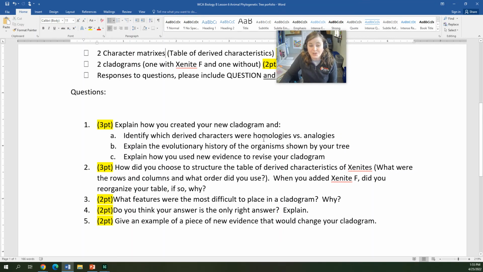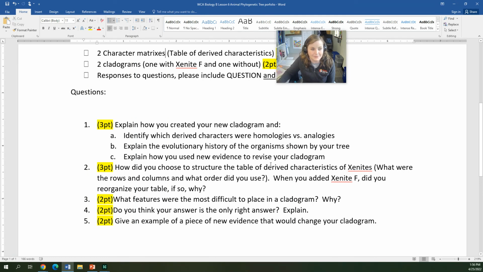So what you could do is when you make your little table, you could just make a separate column that says homology or analogy. So then you have that information in your table, or you could provide a separate list here. It really doesn't matter. Explain the evolutionary history of the organism shown by your tree. Explain how you use new evidence to revise your cladogram.